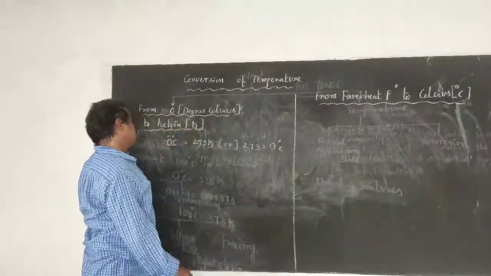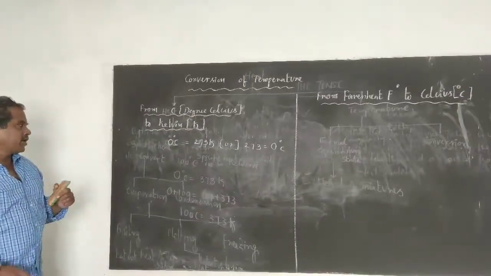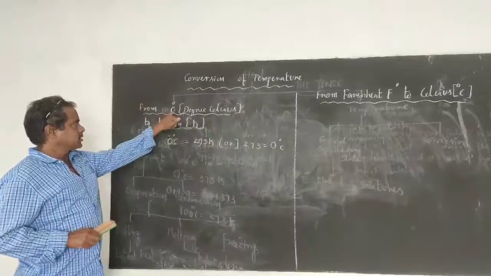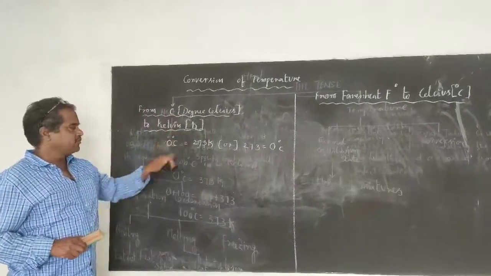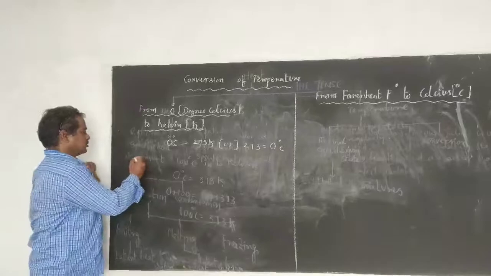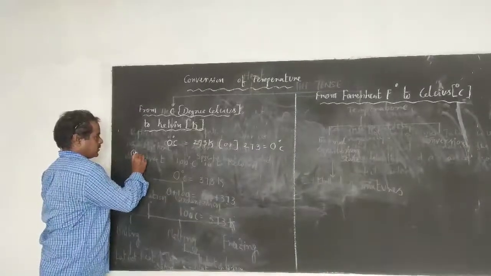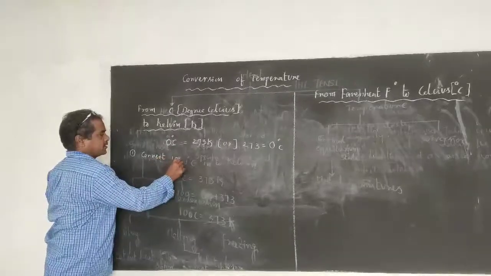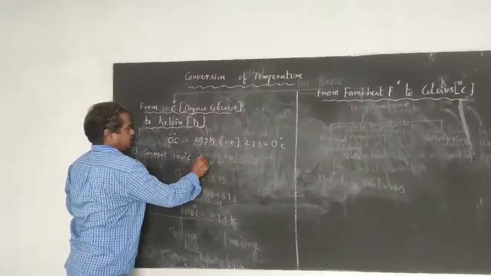By using this standardization, we can convert the units of temperature from degree Celsius to Kelvin very easily. For example, convert 100 degrees Celsius into Kelvin.